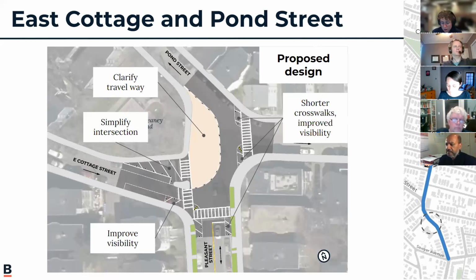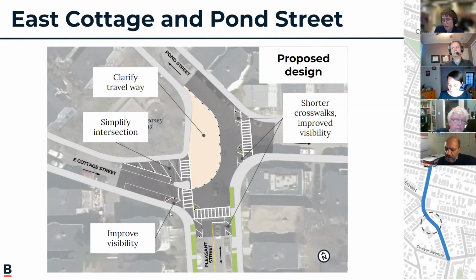So what we are proposing to do here, I'm going to take this starting at probably the biggest problem point over here on the west side of the intersection. Here we're trying to simplify the intersection to taper it into just one lane.